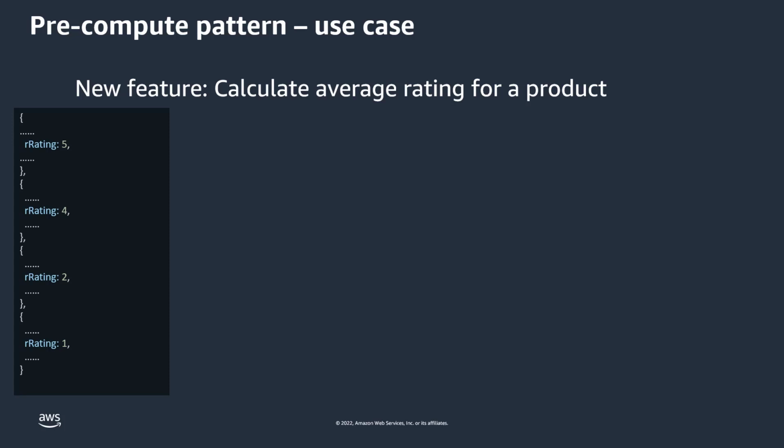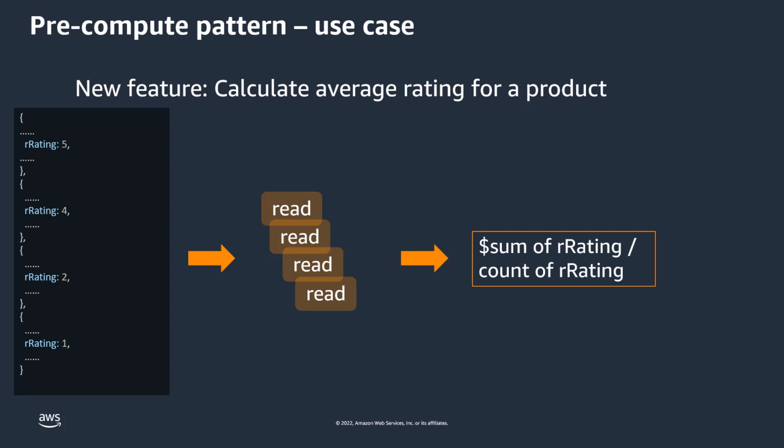To calculate the average rating, this means the application will have to do many reads in the reviews collection in order to calculate the total sum of all ratings for a product and then divide by the total count of reviews for that particular product. And you'll have to do this each time the average rating is needed. Well, that can be a lot of CPU cycles, as you can imagine.